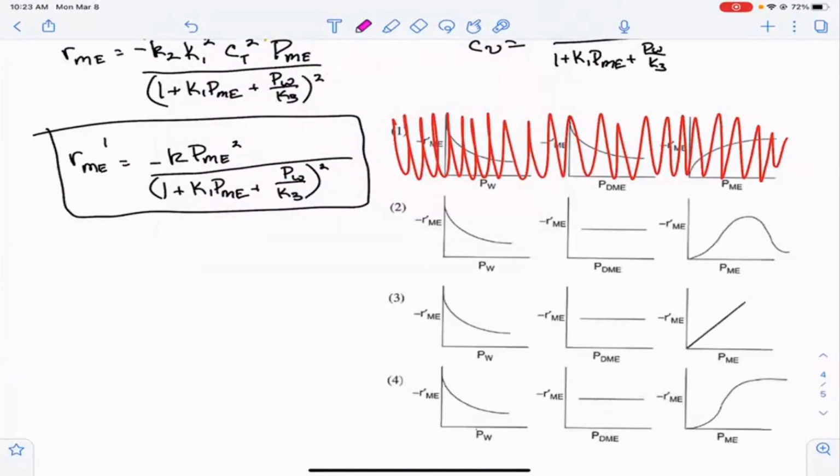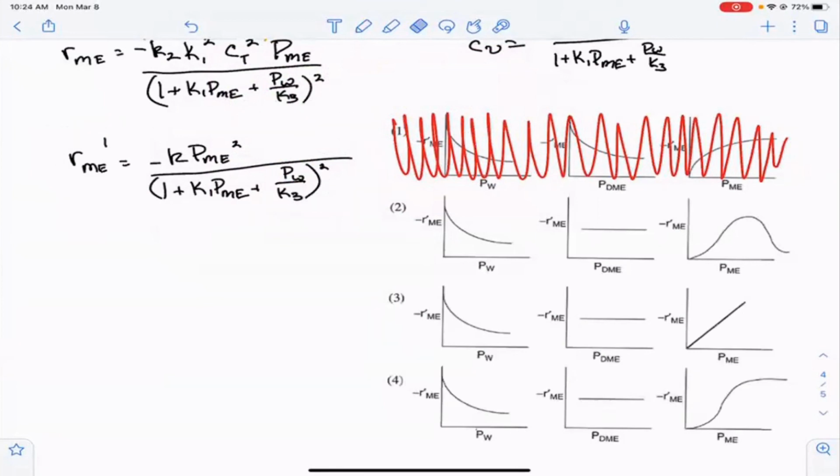I'll do this a little bit more thoroughly, and then we'll maybe just talk about the shortcut really quickly. So we have to do what we did a little bit earlier on, maybe 2 lectures ago, where we started to break down the rate law a little bit. So what would happen to our rate law at low pressures of ME? Well, at the very beginning, PW is equal to 0, and so this would go away, right?